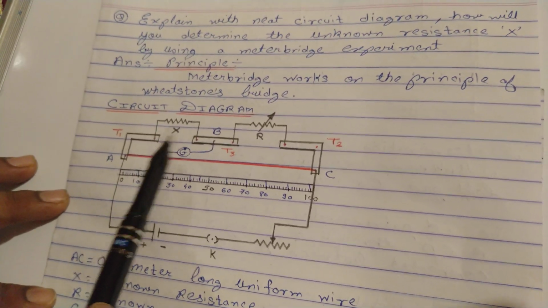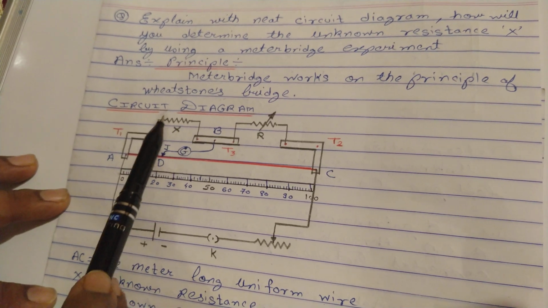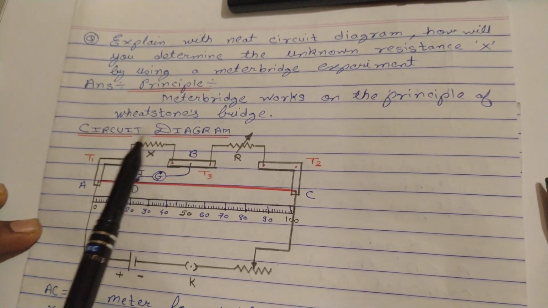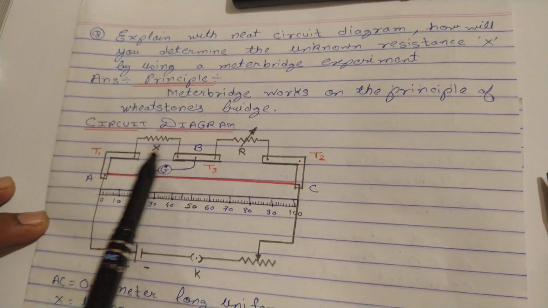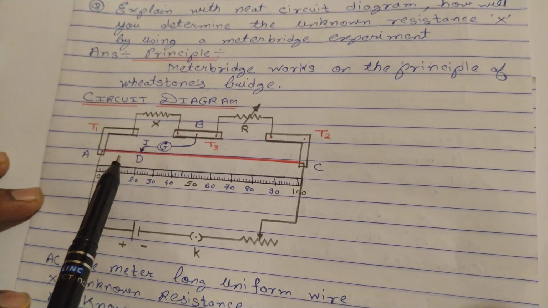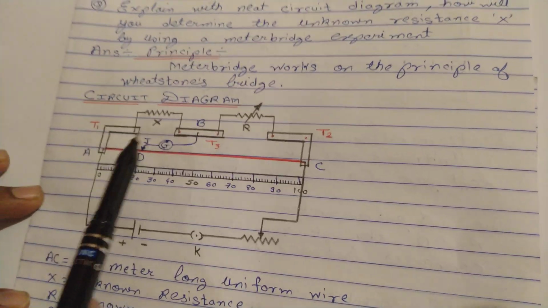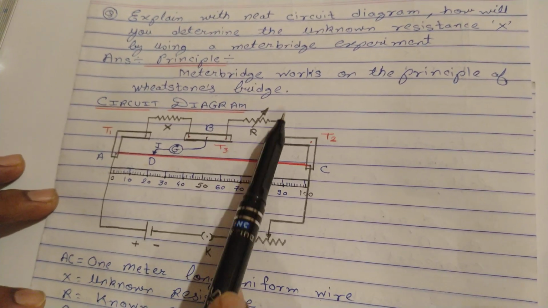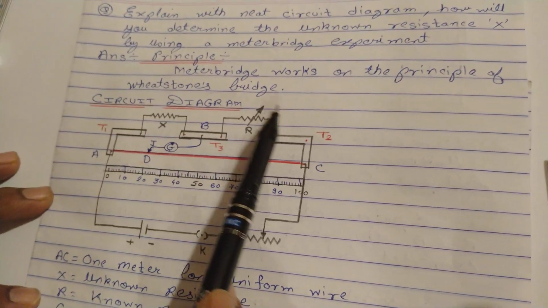In the first gap, we observe one unknown resistor, whose value is to be found by using this particular procedure. In the other gap, we observe this symbol, which stands for known resistance.